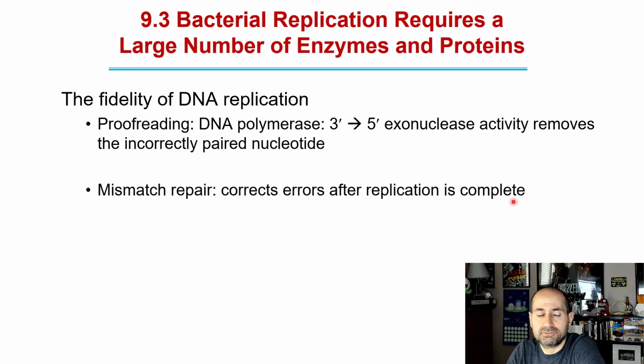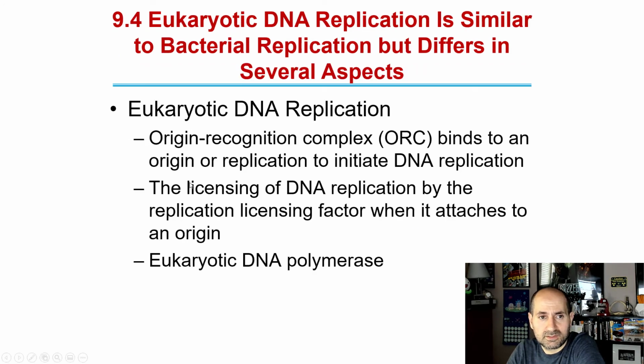It's very accurate. That doesn't mean that DNA polymerase doesn't make mistakes. It reduces the number to a very, very low number. But it does still make mistakes, don't get me wrong. DNA polymerase III can still make mistakes. It's just really, really infrequent.